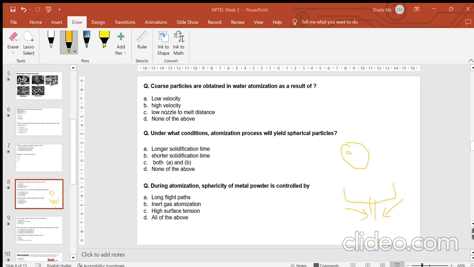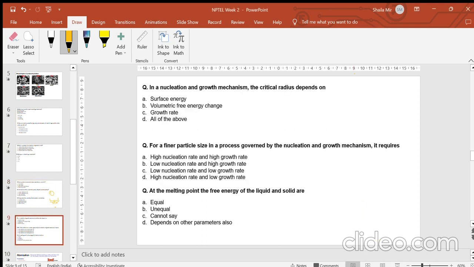Will it depend on surface energy, volumetric free energy change, growth rate, or all of the above? Based on the formula that you wrote for the numerical. Can anybody answer?